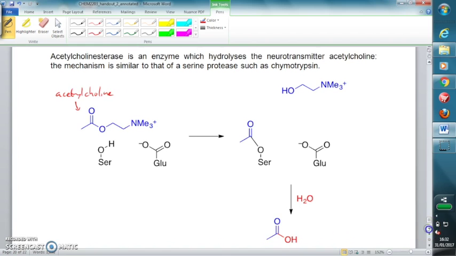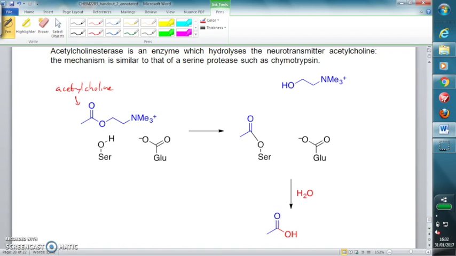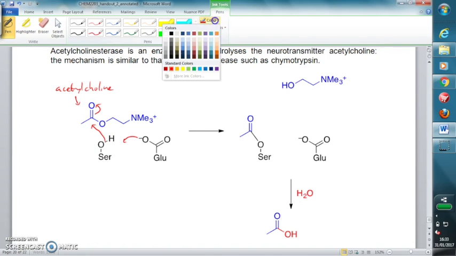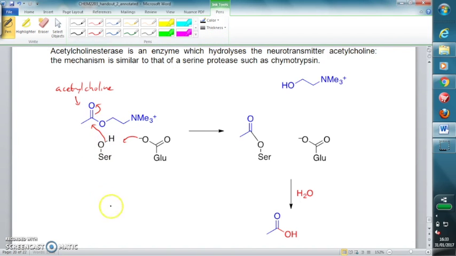And the mechanism by which acetylcholinesterase works is similar to the serine proteases we've seen before. So here we've got glutamate acting as a general base, deprotonating the serine as it attacks the acetyl group. And then the glutamic acid can act as a general acid to protonate that leaving group.